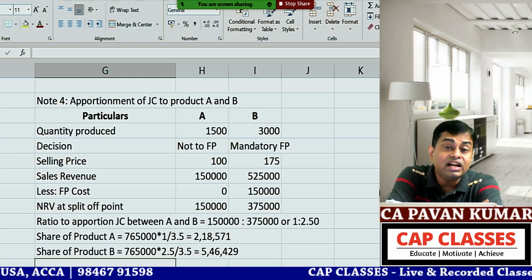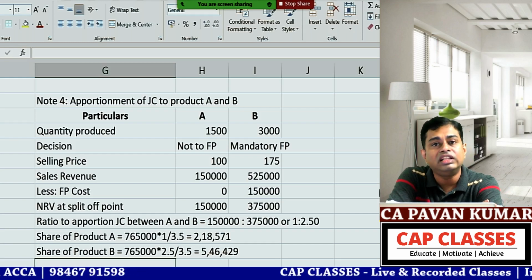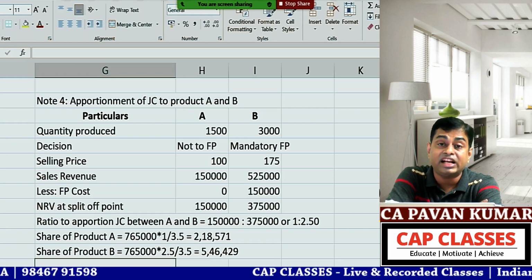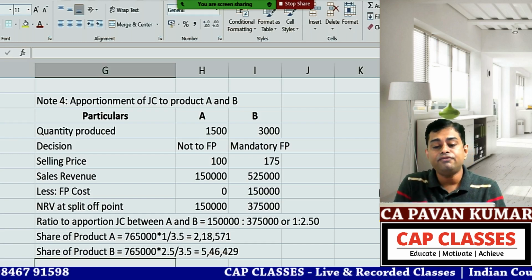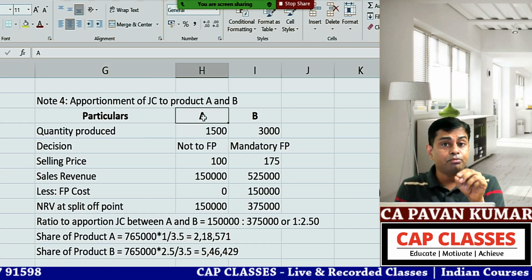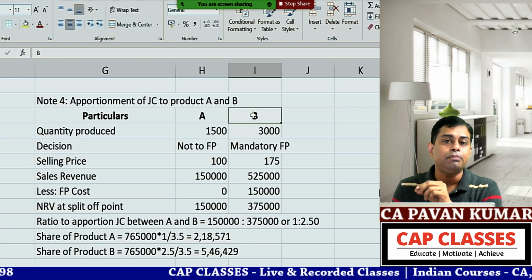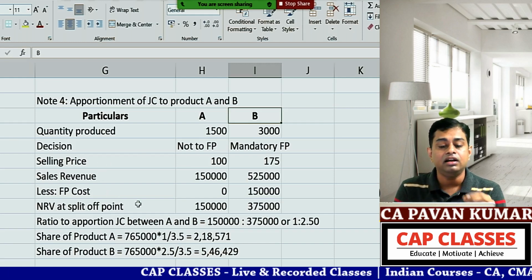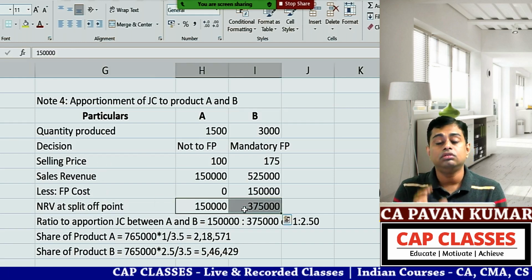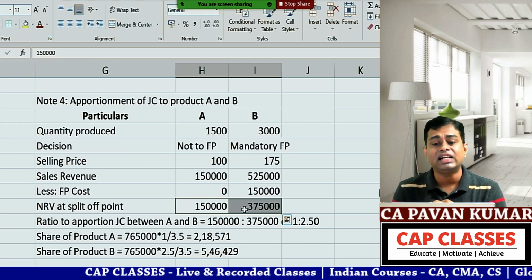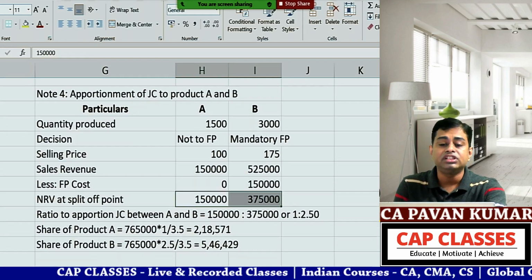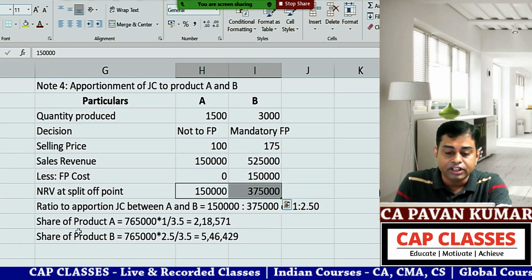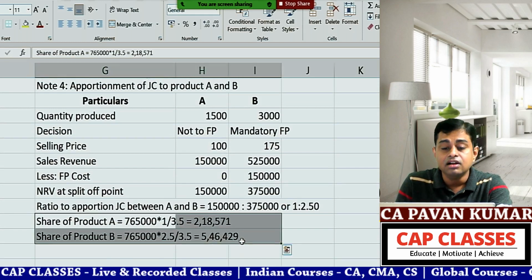Second product, mandatorily I have to further process because in the question they have not given the sale price at split off point. So if I am not processing product A further and I am processing B further, I have calculated net realizable value, then it is 1,50,000 is to 3,75,000. That is the ratio in which the joint cost of 7,65,000 is apportioned, and this is the final answer.